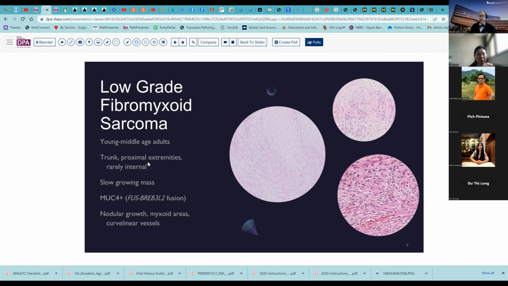So you're usually thinking totally different differential diagnosis based on the location and to some degree on the age. This was originally called the Evans tumor because Henry Evans at the MD Anderson is the one who described it and detected it as a slowly growing mass lesion in these young to early middle-age adults.